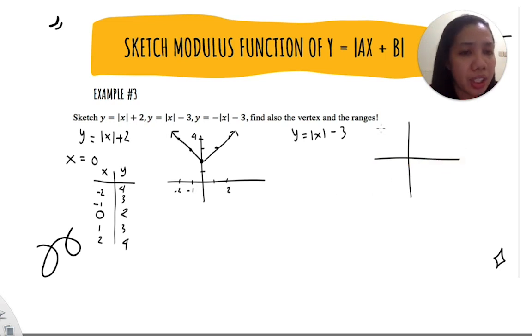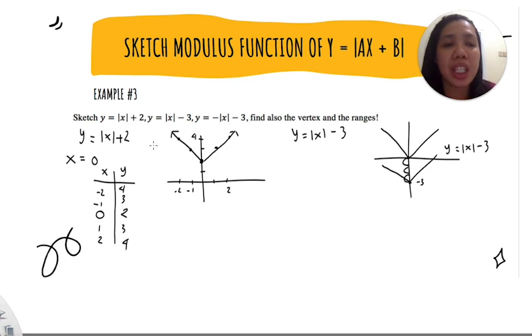The original function is like this, y equals the absolute value of x, and then it will be shifted downward because we have minus 3 here, downward by 3 units. So this is minus 3 here, and the graph will be like this. This is the graph of y equals the absolute value of x minus 3.